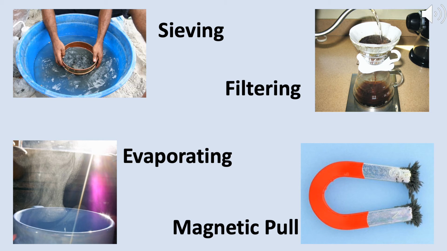Now the one you can see there is coffee, and we've got the coffee beans, and they're pouring the water in, and the filter paper is stopping the coffee particles from coming through, but it's allowing the coffee water to come through. So filtering is a really good one when we've got a mix of a solid and a liquid, where the solid particles are still present and we can separate them in that way.